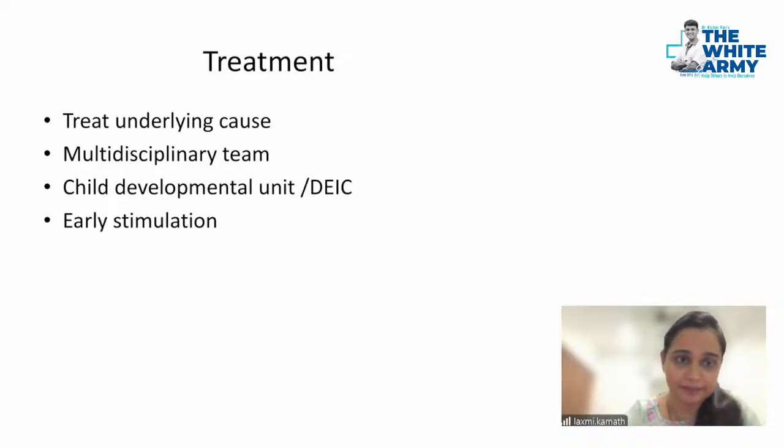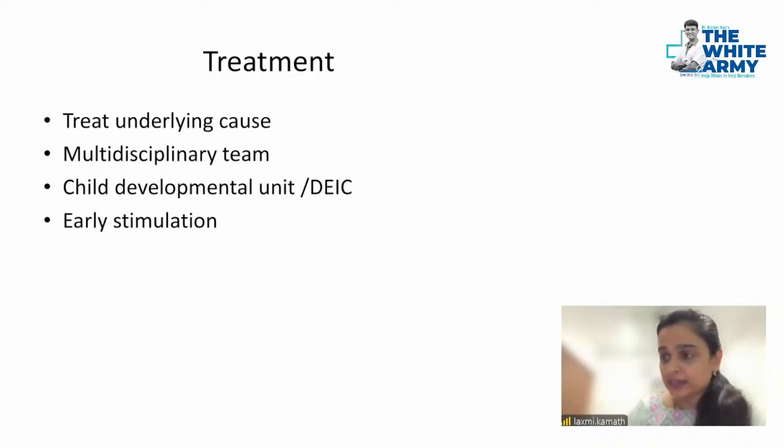Like we started with how to take an appropriate history: the antenatal factors, the natal factors, and the postnatal factors. Then we came to the examination part, where we did a detailed head to toe examination as well as a neurological examination.